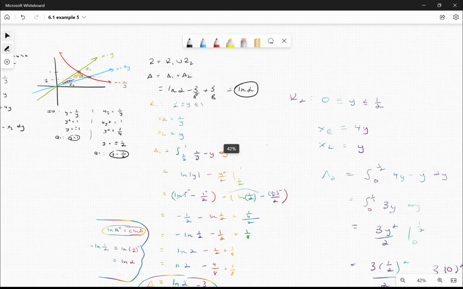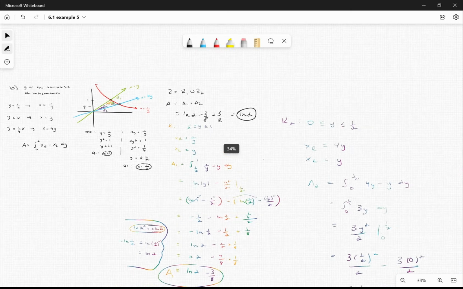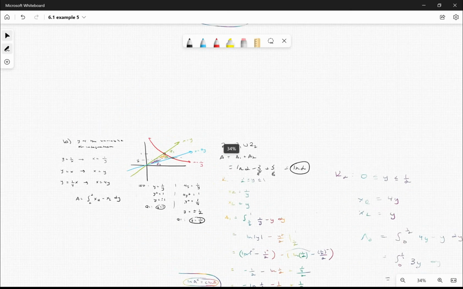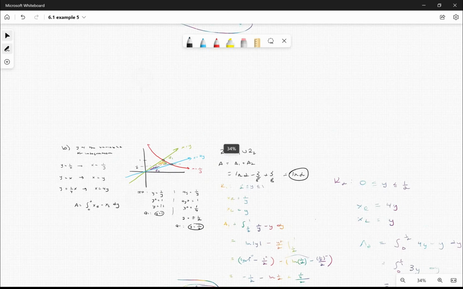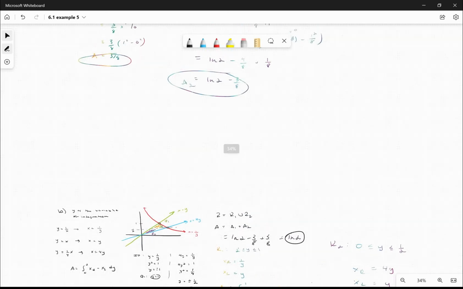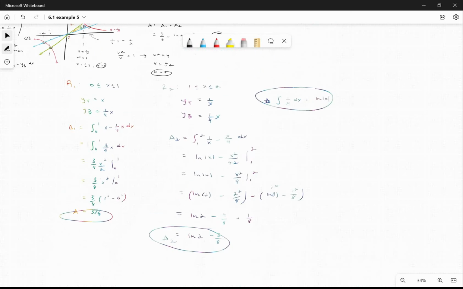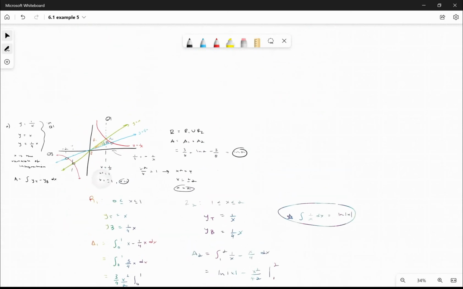No surprise there that these are the same. We get the same answer whether we integrate with respect to x or integrate with respect to y: ln of 2.